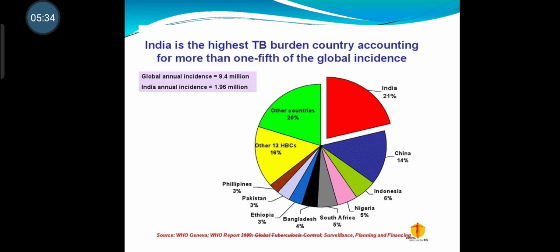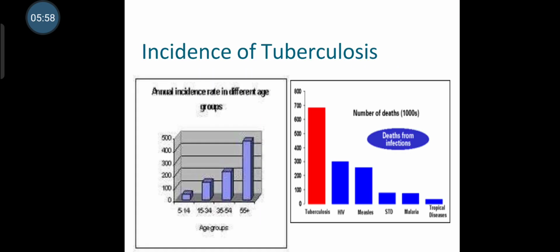In this pie chart you can see the different countries and how much they are affected. The highest is 21%, which is India, followed by China, then Indonesia, Nigeria, South Africa, Bangladesh, Ethiopia, Pakistan, and Philippines. This gives an idea of how much it is spread in India.